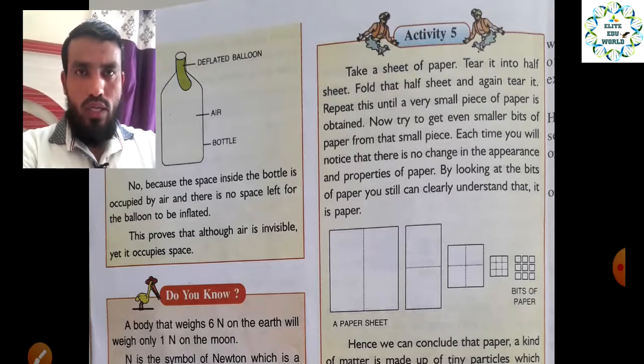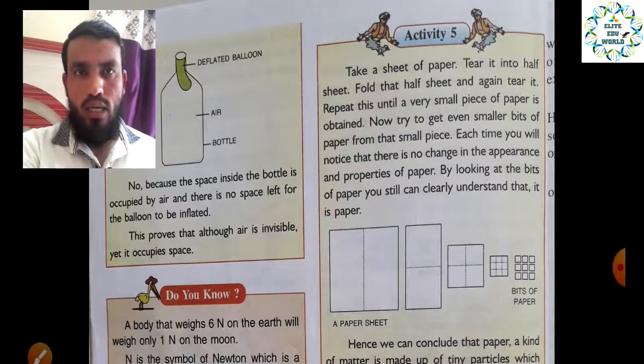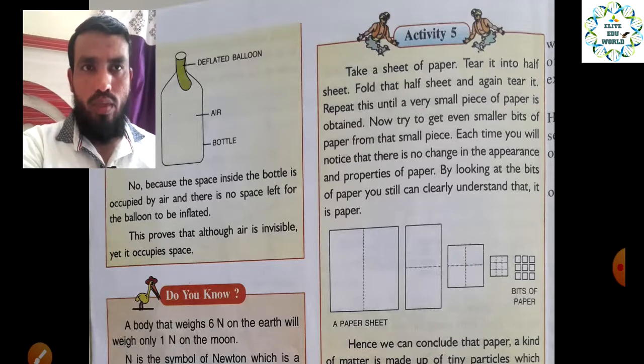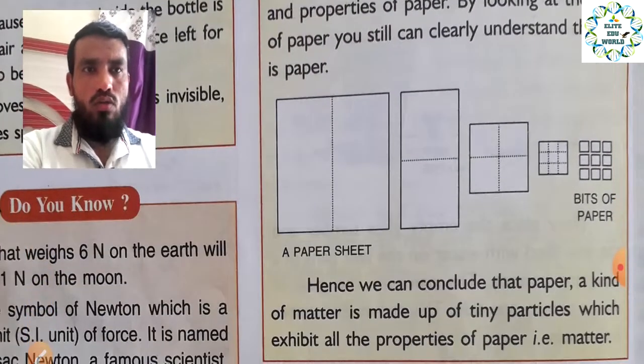Take a sheet of paper, fold it into two pieces and tear it into two parts. Then again fold the smaller part and tear it. Like this you convert one sheet into small bits of paper, right?